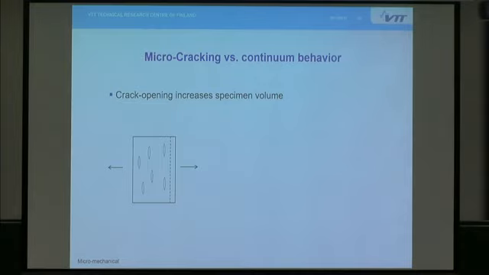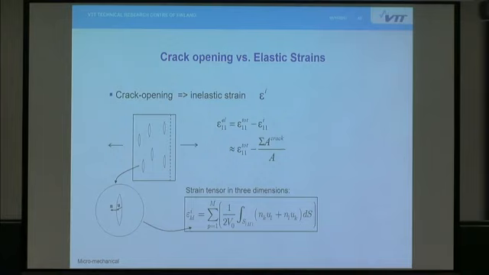What we know is that opening of cracks increases volume. Well, that's obvious. But what is interesting is that we can, in a continuum sense, consider this volume increase as an inelastic strain. So if we know the displacement jump between crack faces and the crack normal, we can formulate the inelastic strain tensor by integrating over all the cracks in the volume.